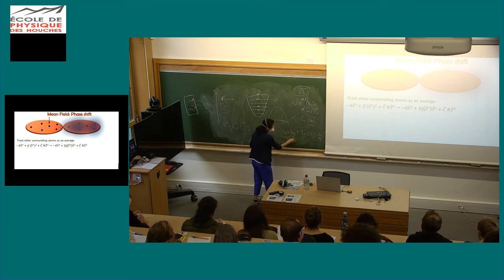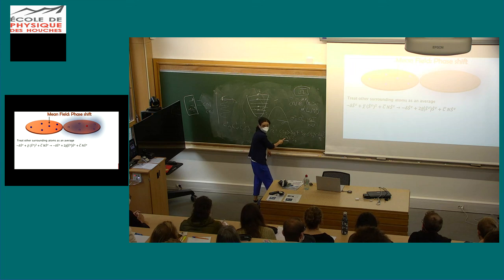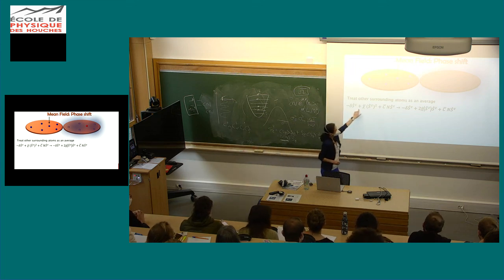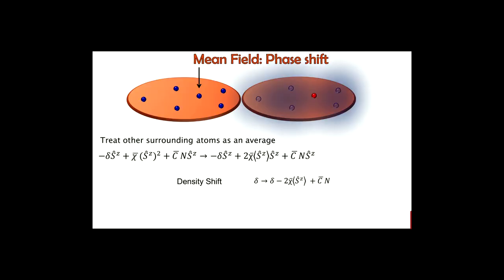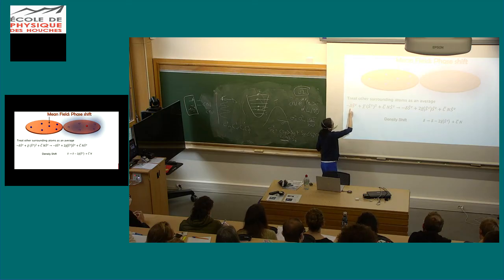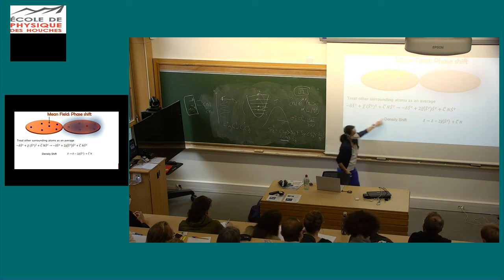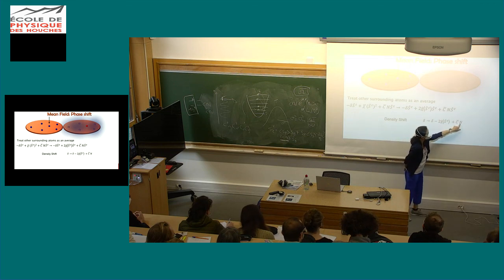That means that the particles are feeling an effective magnetic field that is proportional to the magnetization of the gas, expectation value of SC. So with this very trivial analysis, you can see that the density shift, or the different detuning that the particles are seeing, is going to depend on C bar times N, the number of particles, and is going to depend on the magnetization of the gas.